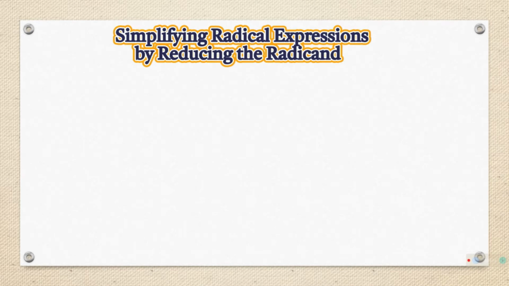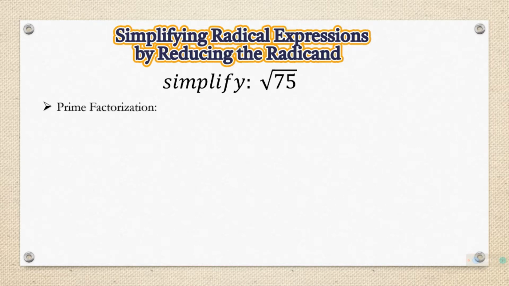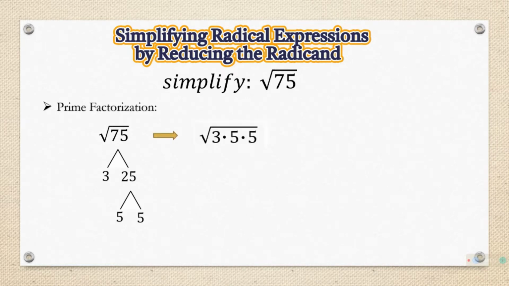We're going to simplify a radical expression by reducing the radical of square root of 75. We can use prime factorization. 75 can be factored as 3 and 25, and 25 can be factored as 5 and 5. So, the prime factors of 75 are 3, 5, and 5.